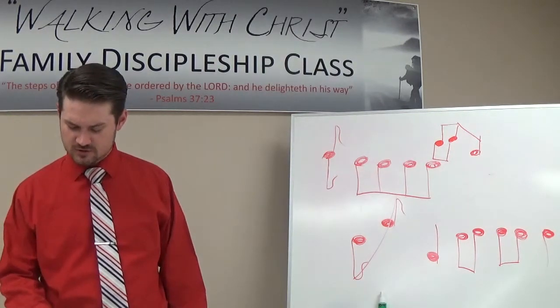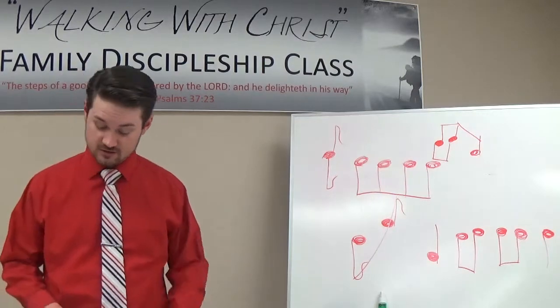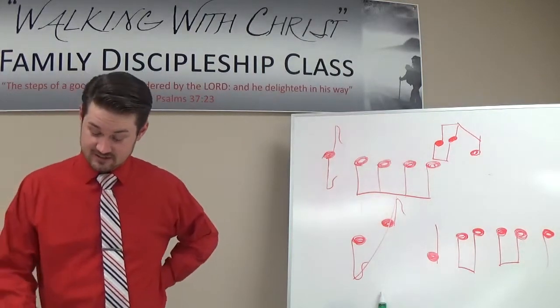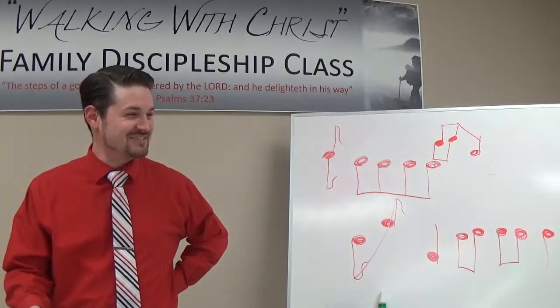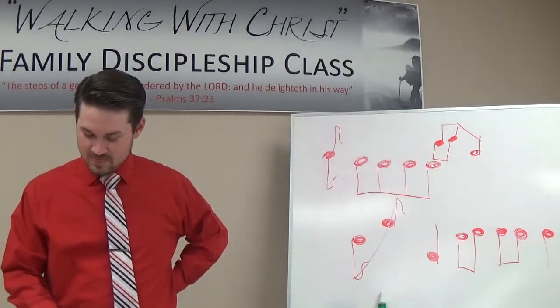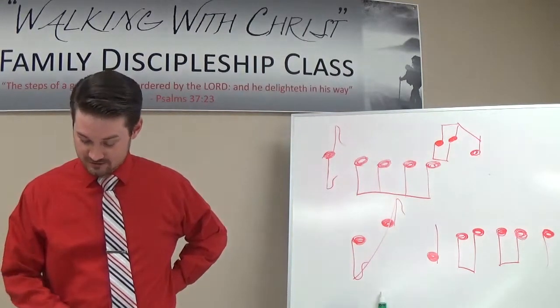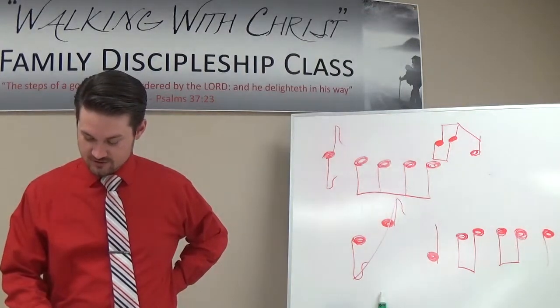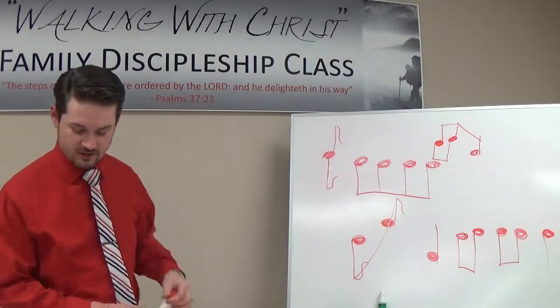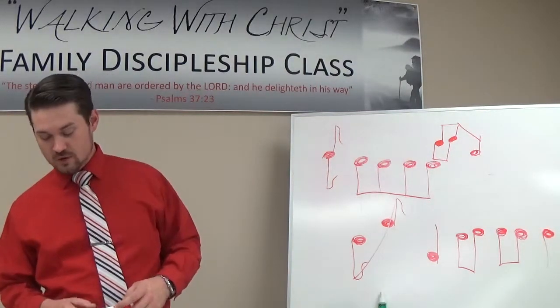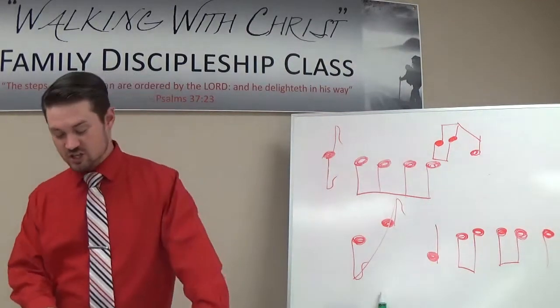So how many we got? 1, 2, 3, 4, 5, 6, 7. Okay. I don't know. I haven't actually done this, so I'm trying to do it in my head. 1 and, 2 and, 3 and, 4. So it'd be 1, 2. Yeah, okay. So it would be the eighth rest is 1.